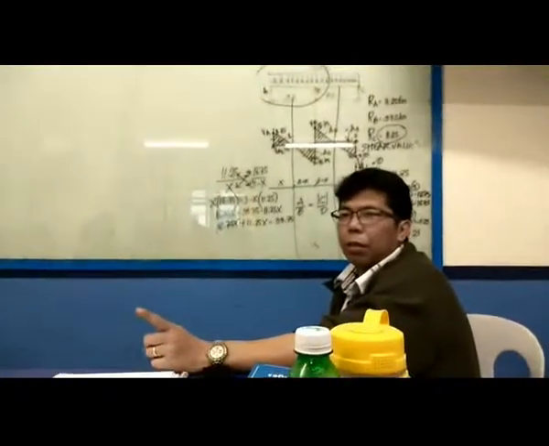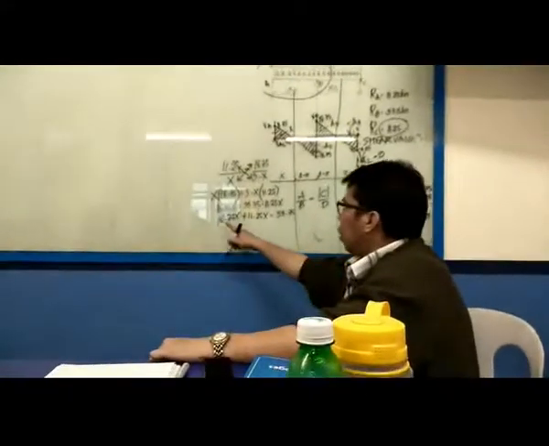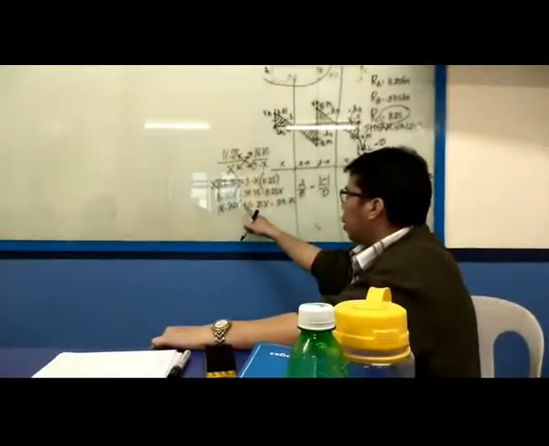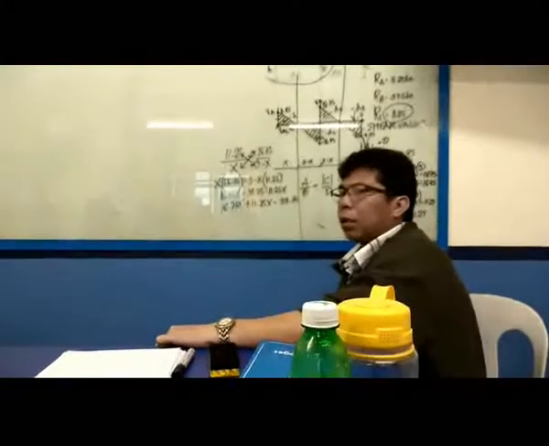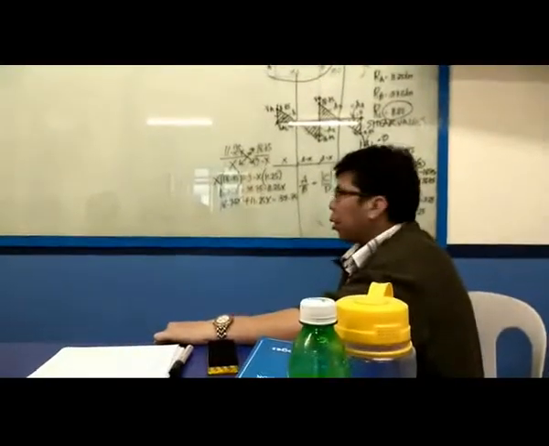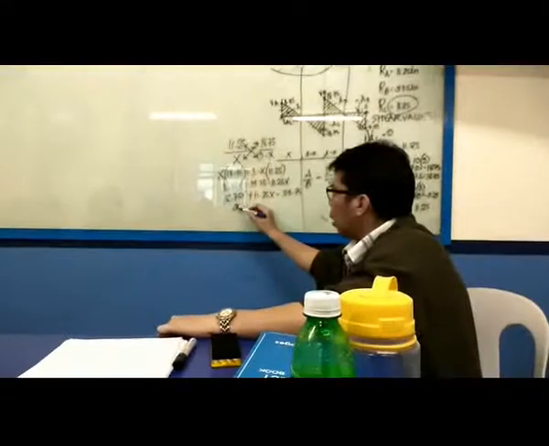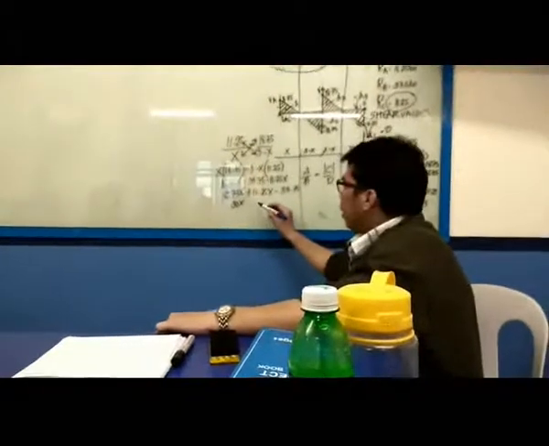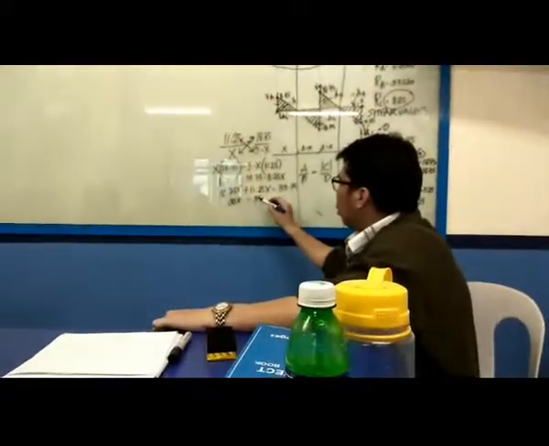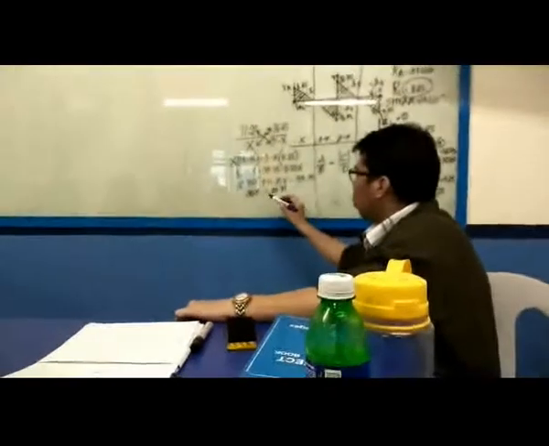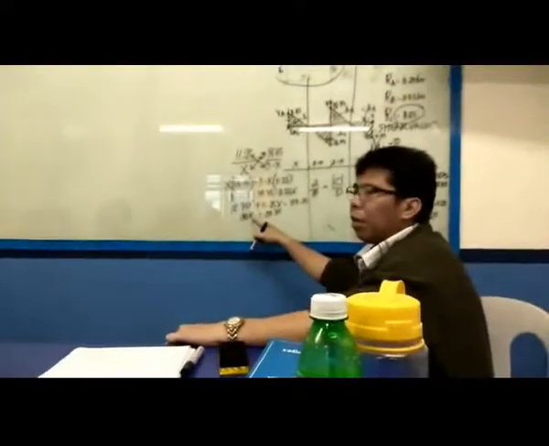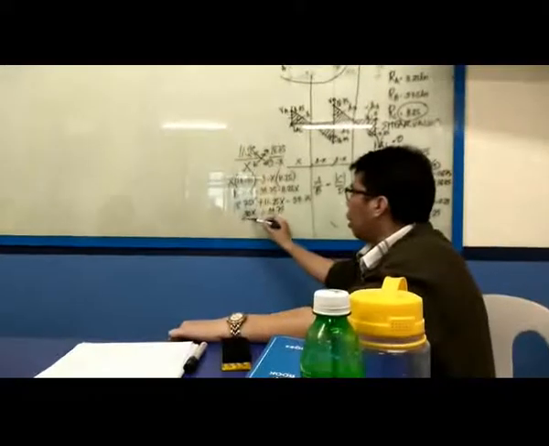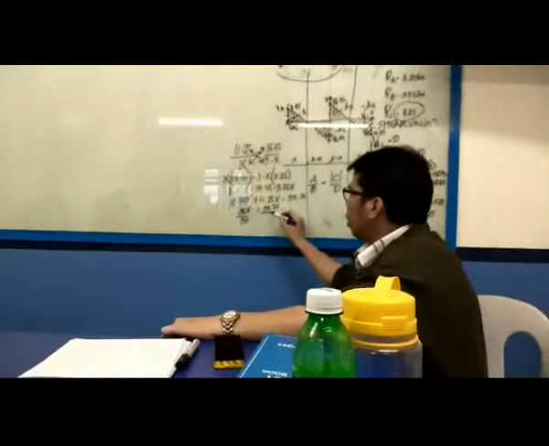Gets? So, 18.75x plus 11.25x is 30x, no? Dami na ng x, no? Is equal to 33.75. So, para makuha natin yung value ng x, divide both sides by 30.